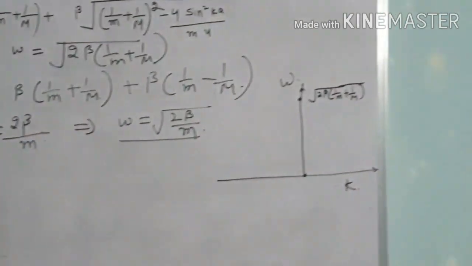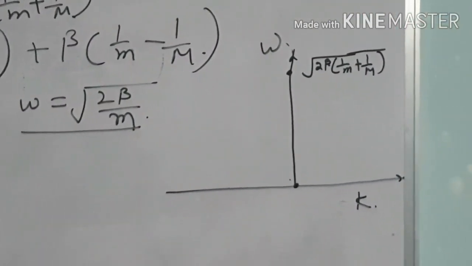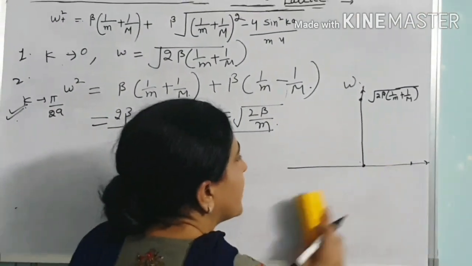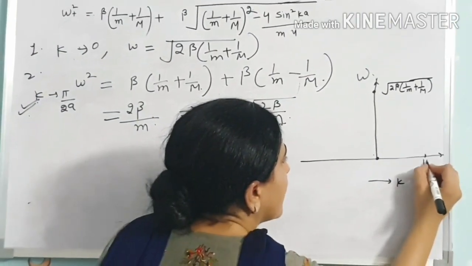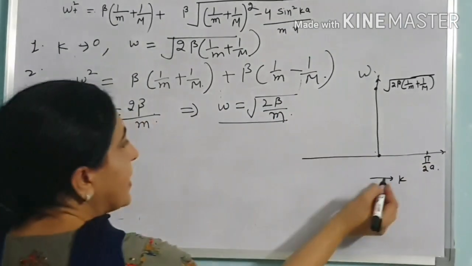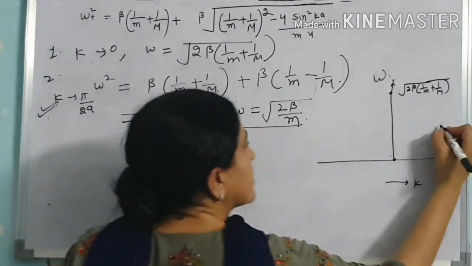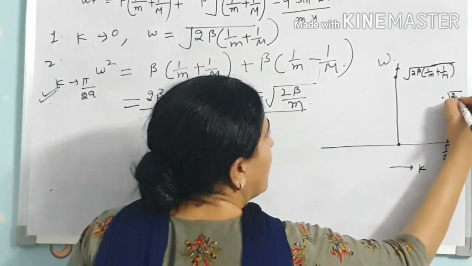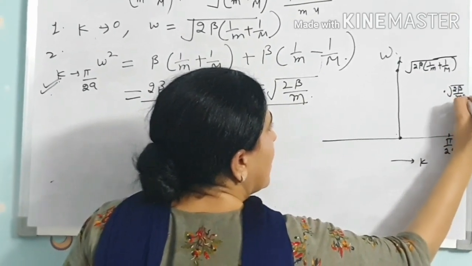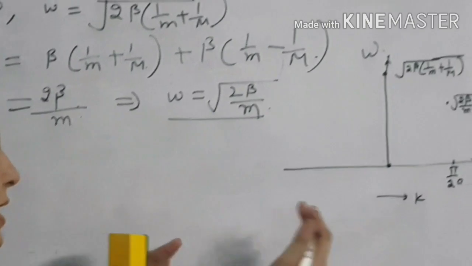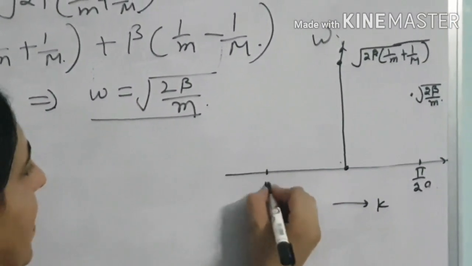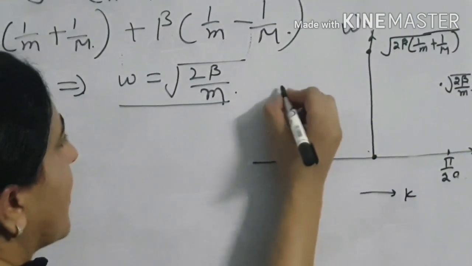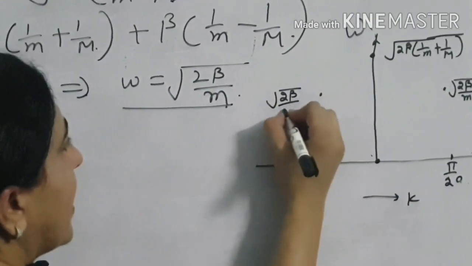And second, when k approaches pi by 2a, take here pi by 2a, this is k. Clear? When k approaches pi by 2a, omega is this. So take any point here, the square root of 2 beta by small m. Clear? See? Similarly, on the left side, pi by 2a. So the point is here, the square root of 2 beta by m.